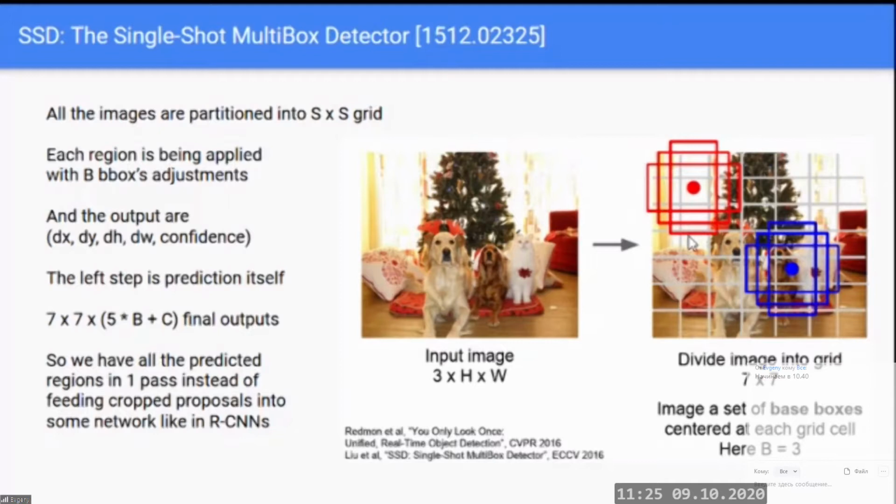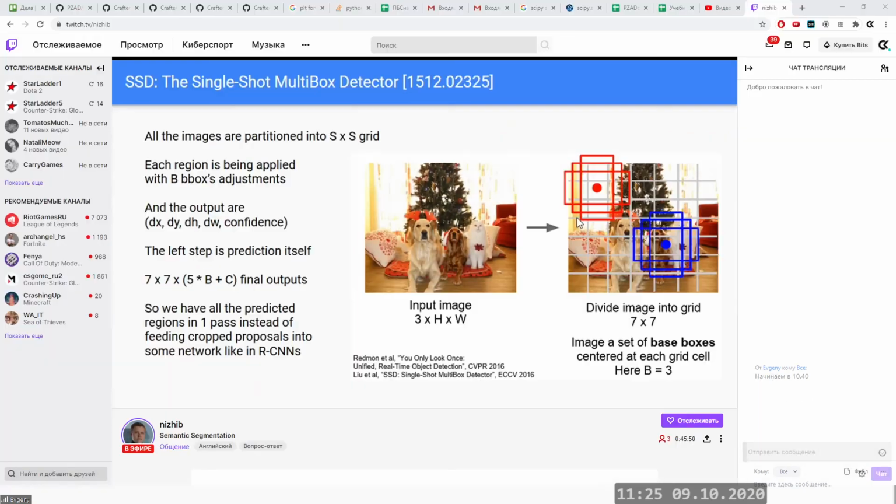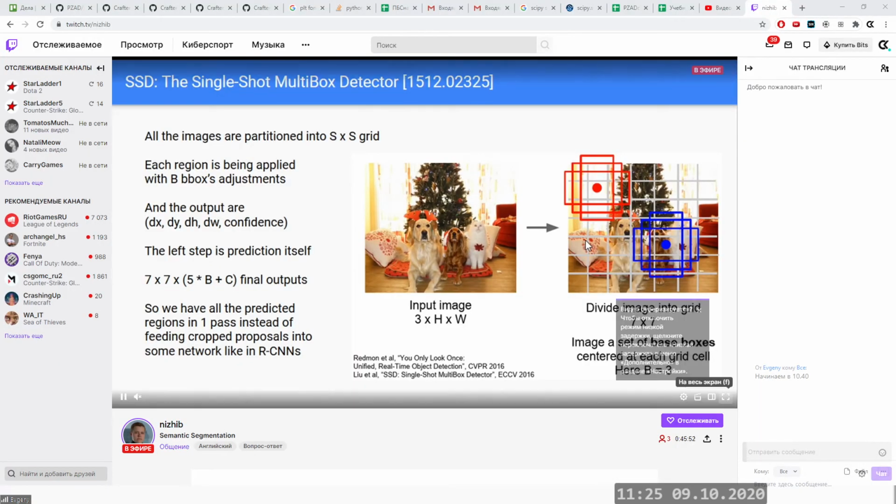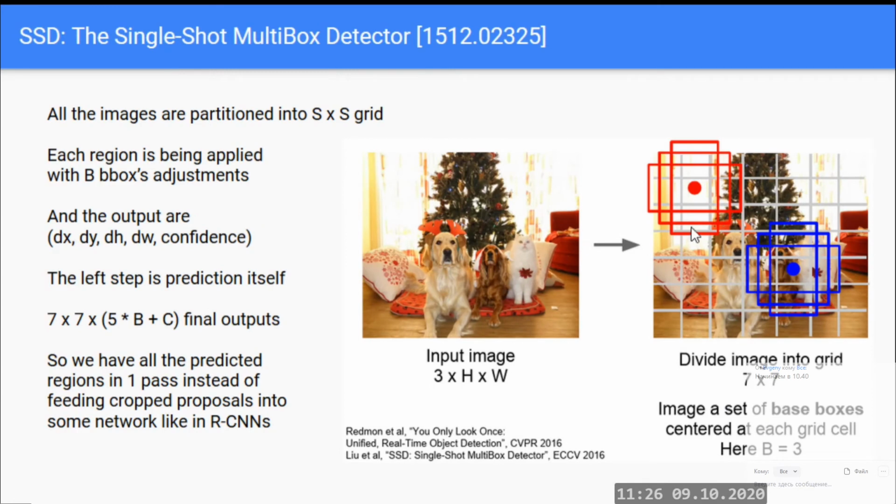For those anchors we apply bounding box regressions, and we use the confidence output for the objectness score. This is the probability that any object is present with respect to the bounding box of the anchor in that particular location.